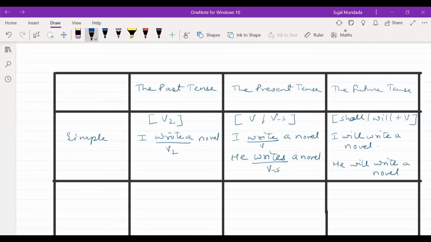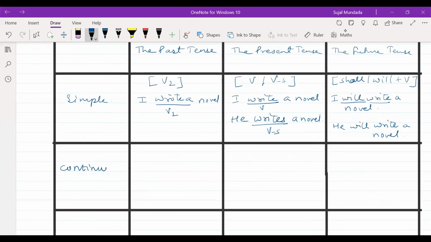In this way, we find that will plus verb are used in simple future tense. And that's why the verb structures are for simple past tense, V2, the simple present tense, V or VS, and simple future tense, shall or will plus V. Let's now move on to the continuous or progressive tense.